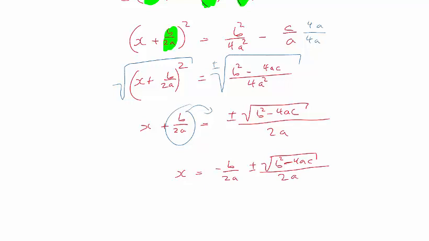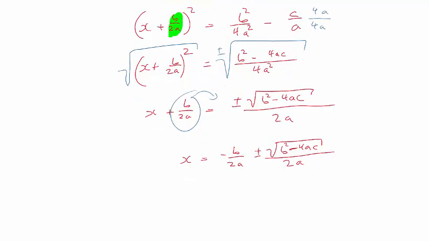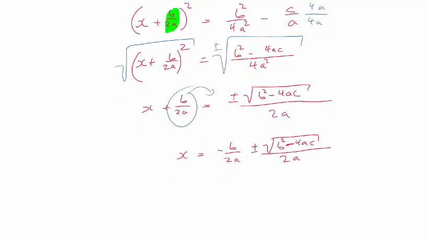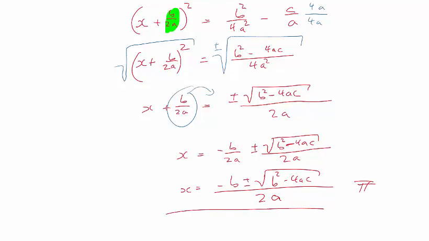Note these guys already have a common denominator. So let's go ahead and combine them so that we have x equals negative b plus or minus the square root of b squared minus 4ac all divided by 2a. And there it is, end of proof. This is our quadratic formula.